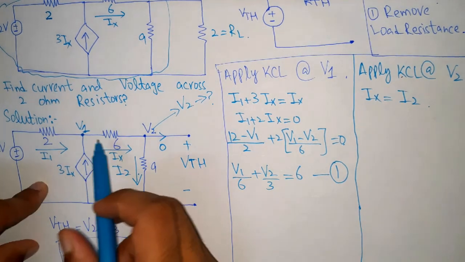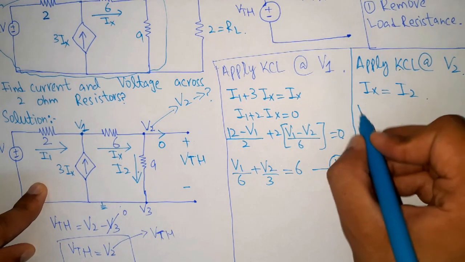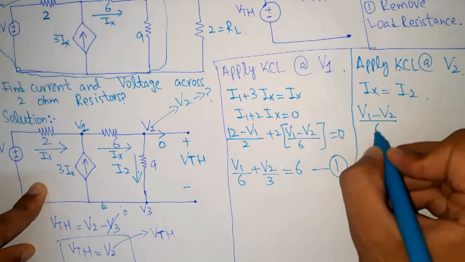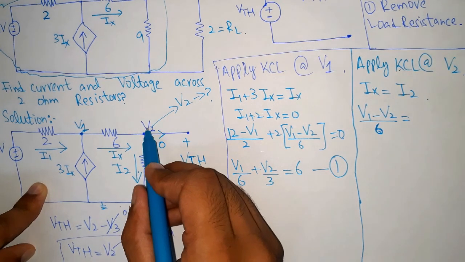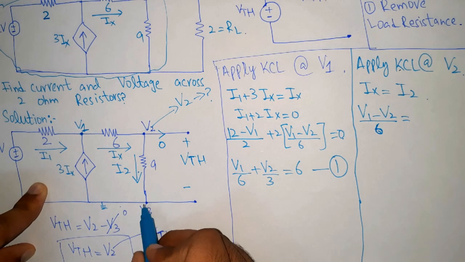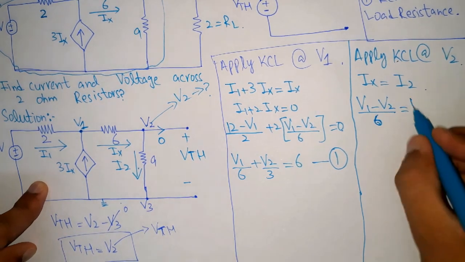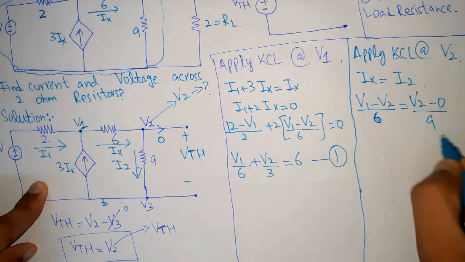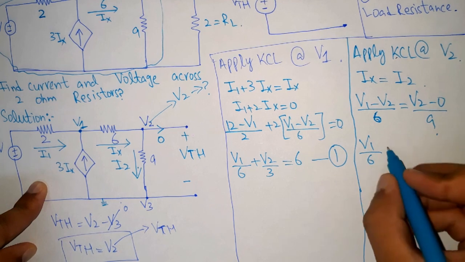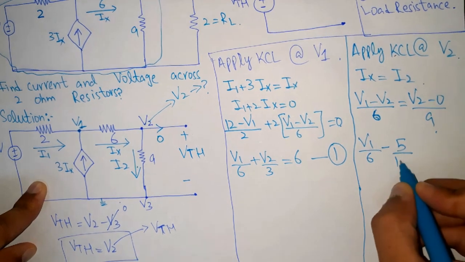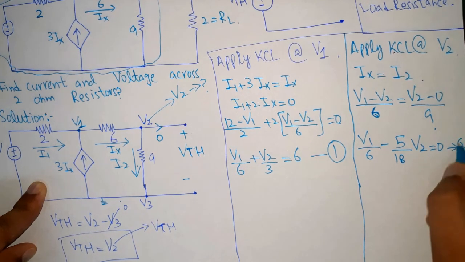Ix will be equal to (V1 minus V2) divided by 6, and I2 will be equal to (V2 minus 0) divided by 9. Simplifying my equation, it becomes V1 by 6 minus 5 by 18 V2 is equal to 0, which is my equation number 2.